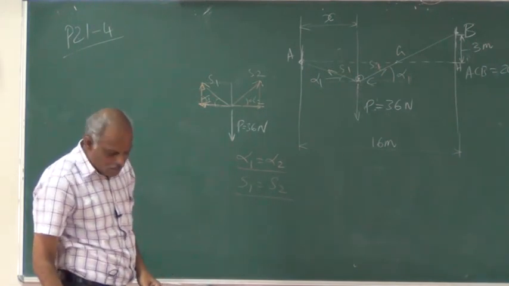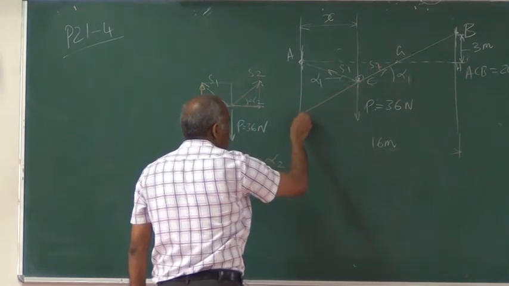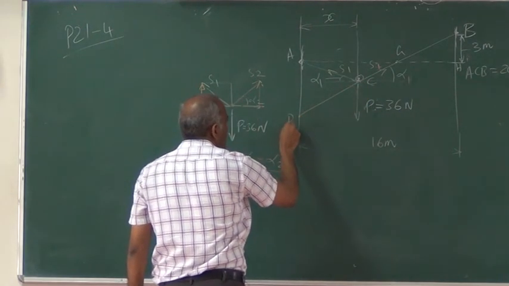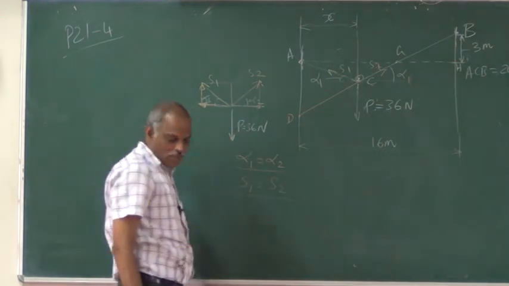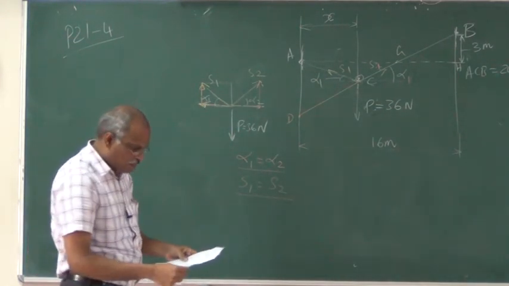Now what we can do is extend this point from here and say this point is D. We can construct a triangle from this.